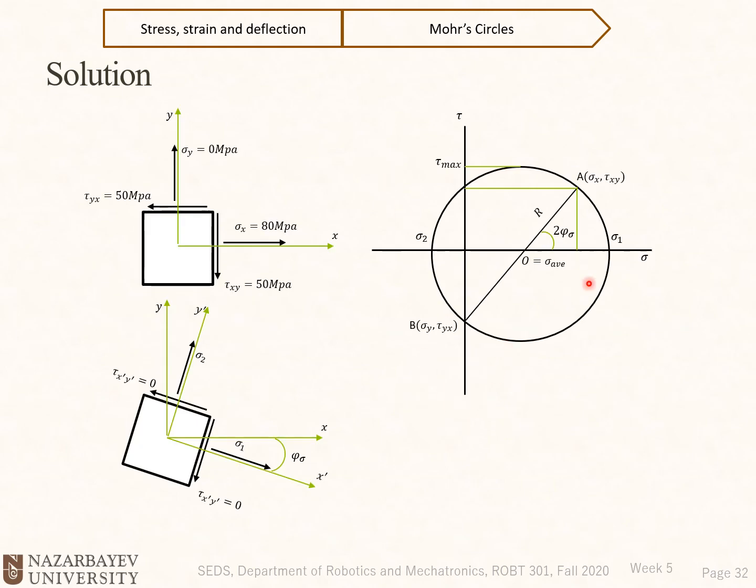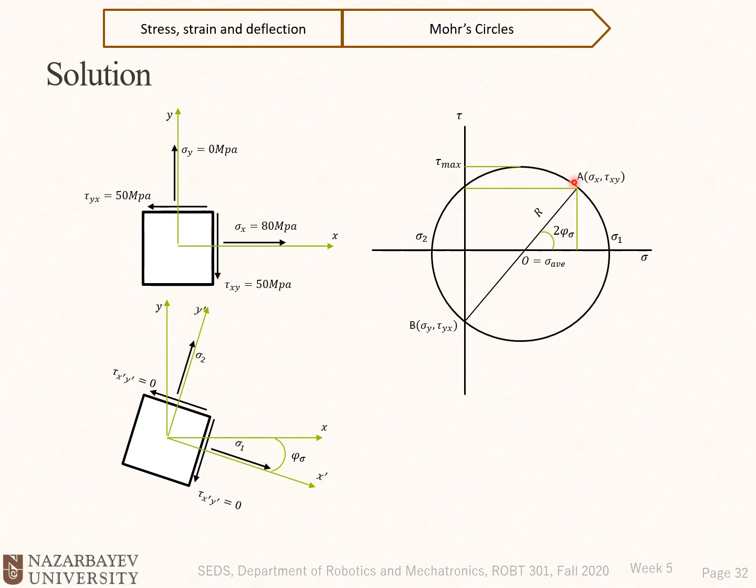In the next step, we will find the principal normal stress, sigma 1. Sigma 1 is equal to sigma average plus r, the radius of the circle. How could we find the radius of the circle? The radius of the circle is equal to the square root of sigma x squared plus tau xy squared. Look at this right triangle here.